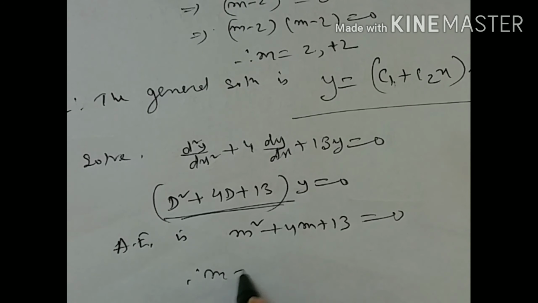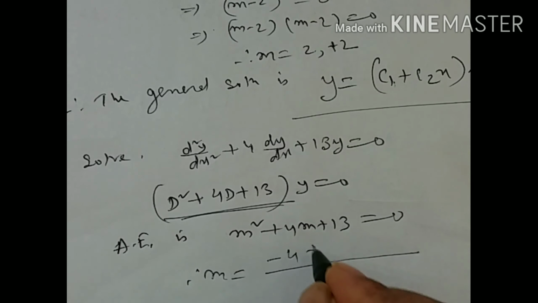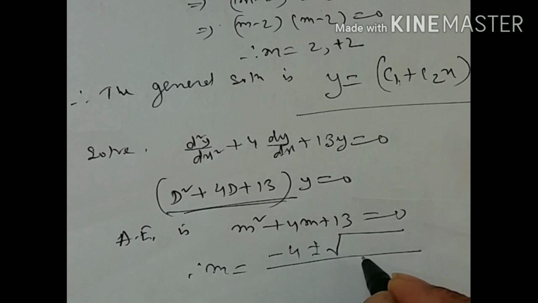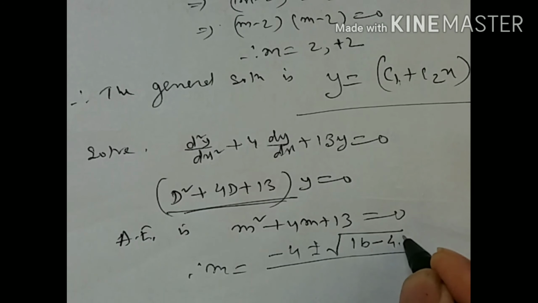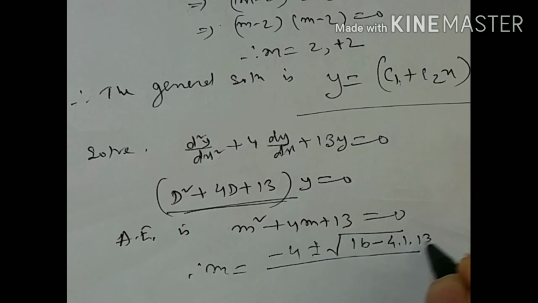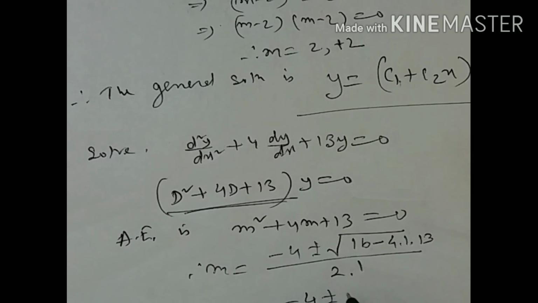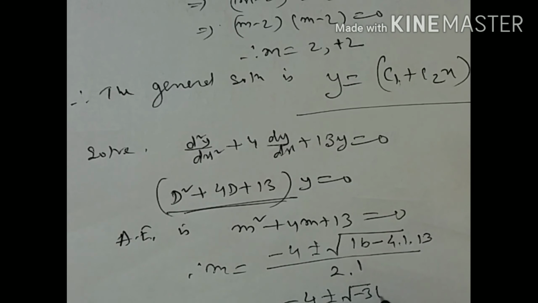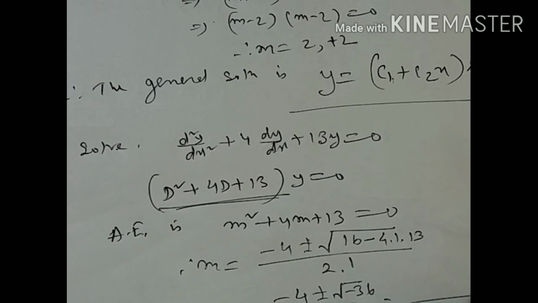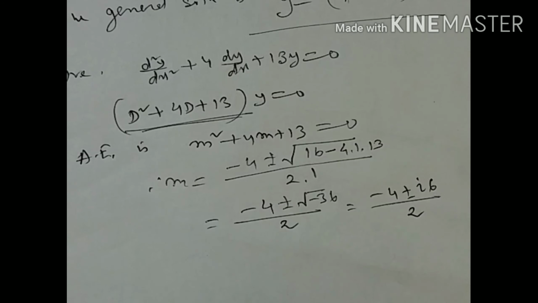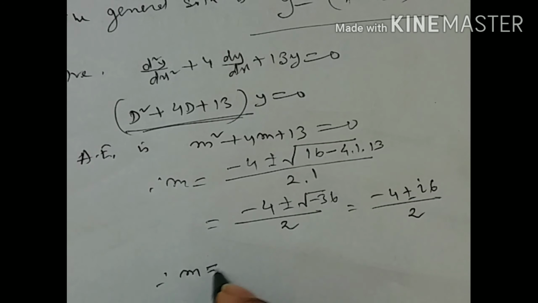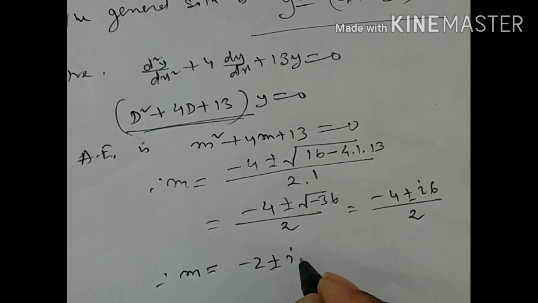So m equal to, we are using here the quadratic formula, minus b plus minus root over b square minus 4ac, divided by 2a. After simplification you will get minus 4 plus minus root over minus 36 divided by 2. Ultimately minus 4 plus minus, root over minus 1 means i, and square root of 36 is 6, divided by 2. And finally values of m will be minus 2 plus minus 3i.